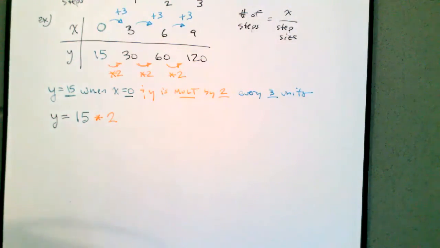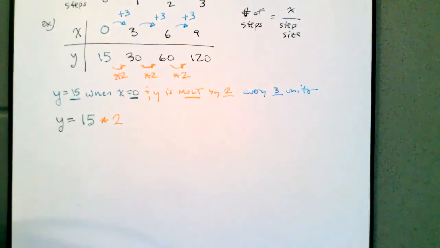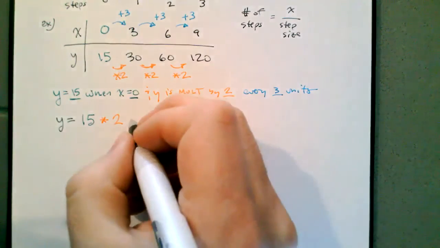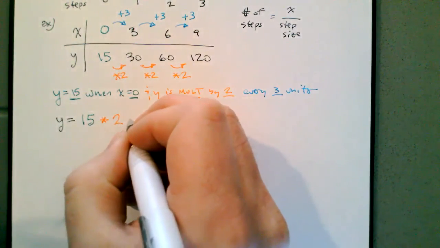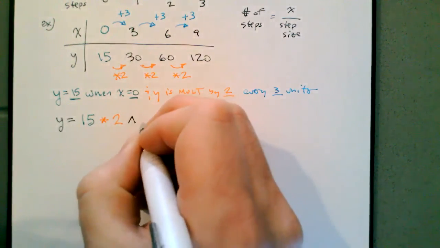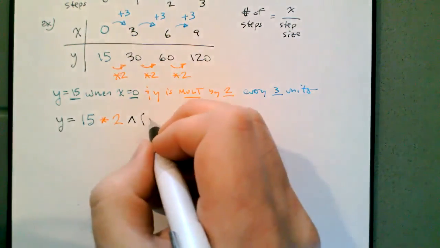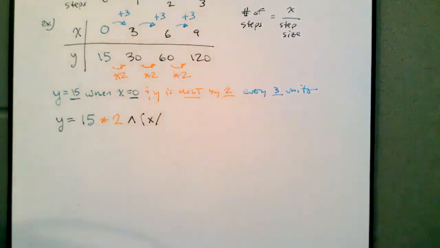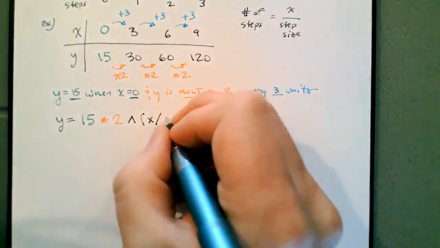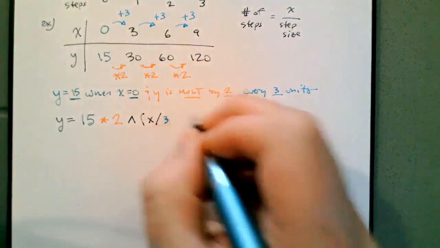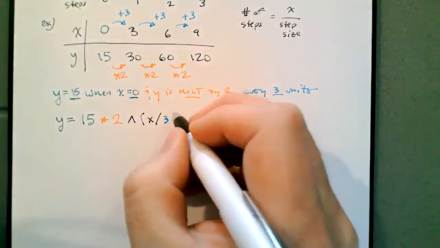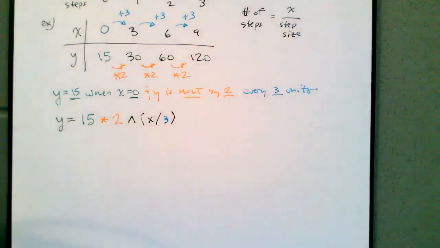So if we start off with 15 and we multiply by 2, we indicate repeated multiplication with an exponent, so we say to the, but we only do a multiply by 2 when x is a multiple of 3, so we say x divided by the step size, which is 3. In this case, the dividing by 3 has to stay up there with the x.